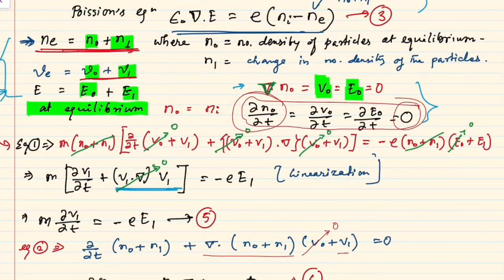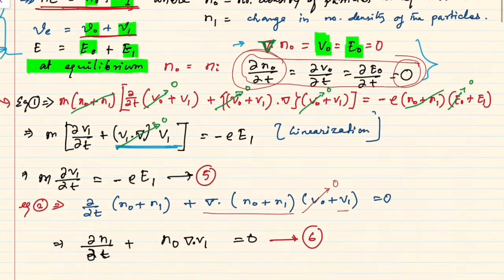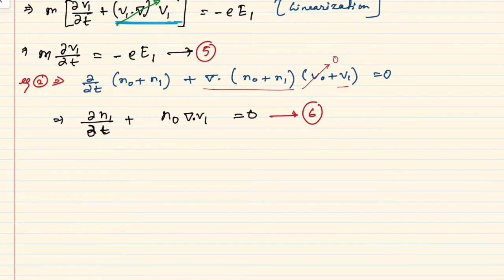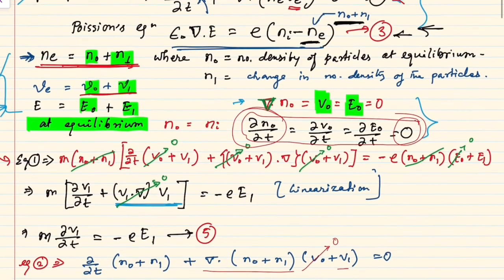So from this third equation, from Poisson's equation, if you replace this Ne by n naught plus n1, then equation number 3 becomes epsilon naught del dot E is equal to, so what was the equation?